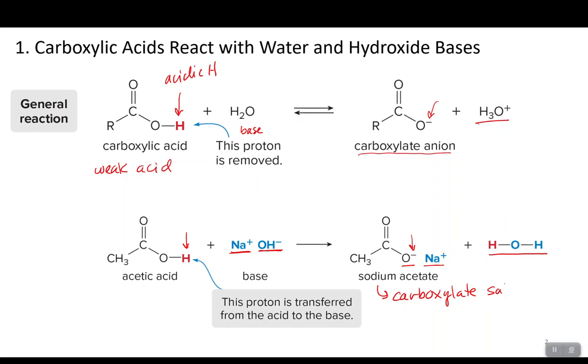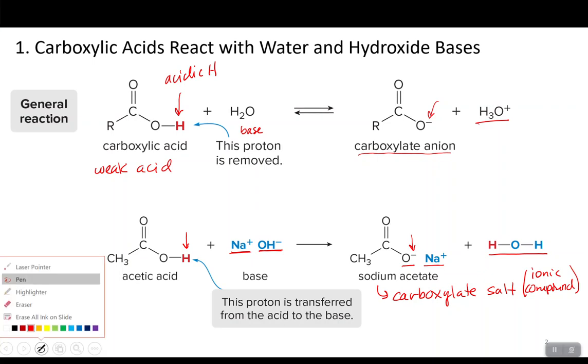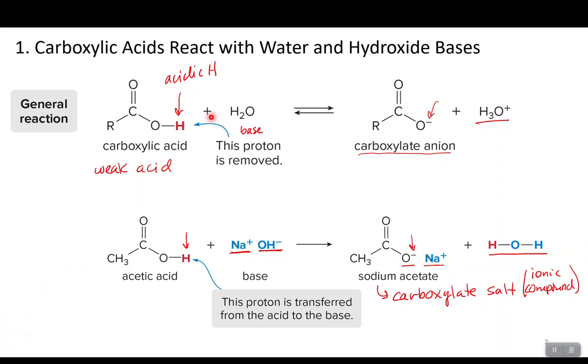And again, recall that the term salt is quite similar to the ionic compound. Okay, so sometimes they are used interchangeably, and we're going to use them interchangeably here. Okay, so when you have a carboxylic acid interacting with a strong base, you are going to get a carboxylate salt and water.